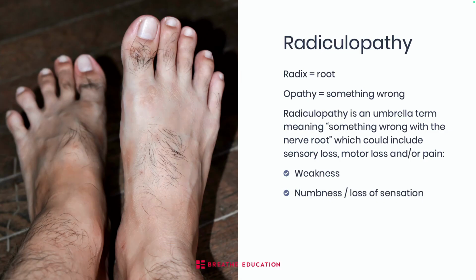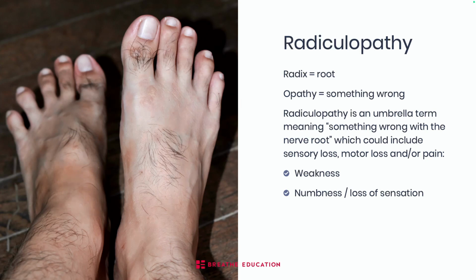Could have numbness or loss of sensation, right? So if we irritate that nerve root, the sensory nerve root, we could cause it to fire off and tell your brain there's something wrong in the calf or the hamstring or wherever, right? But if we squish it hard enough for long enough and reduce the blood supply to it, reduce the amount of oxygen it's got, the amount of glucose it's got, it might stop working properly, right?